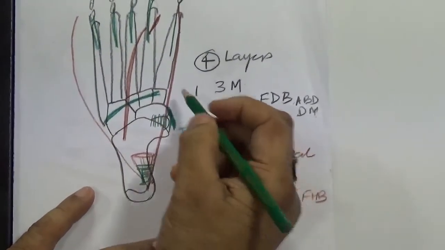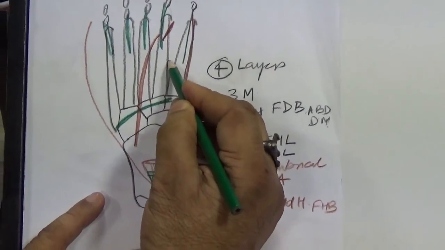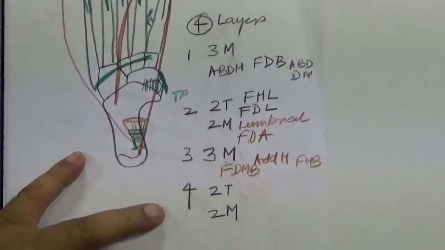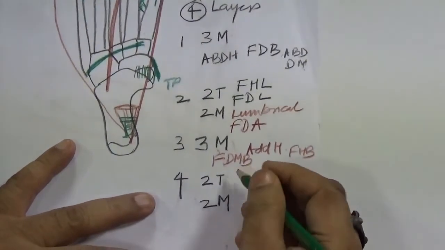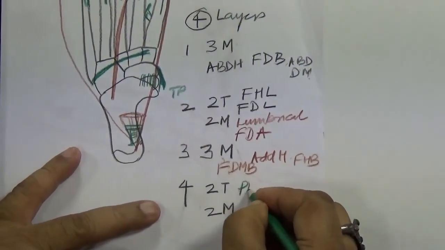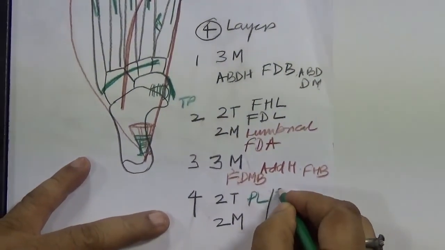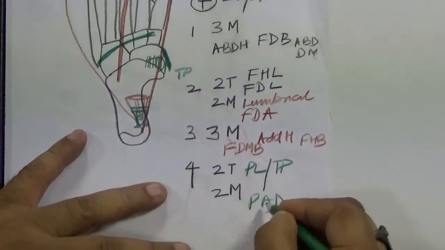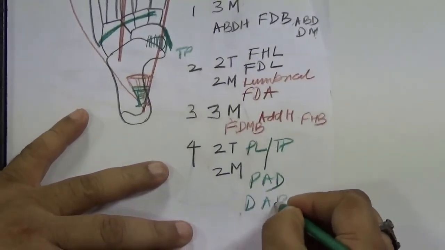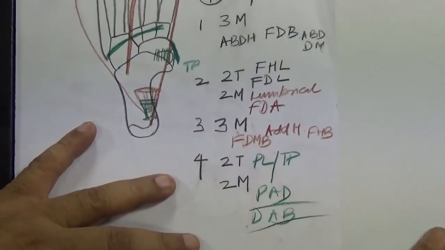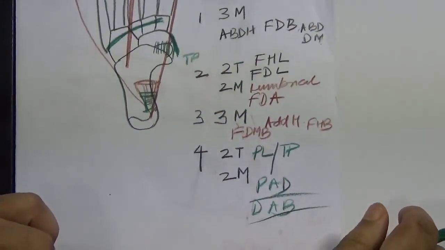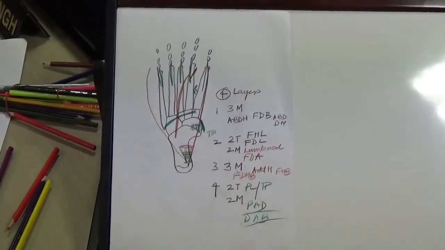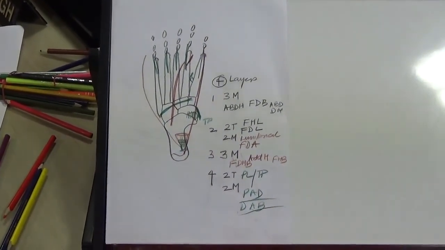And the 2 muscles are the palmar and dorsal interossei. Palmar interossei are adductors, dorsal interossei are abductors. So these are the 4 layers of the sole. All right, this is it.